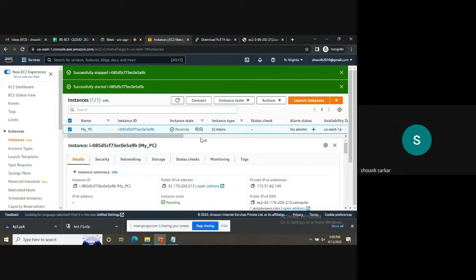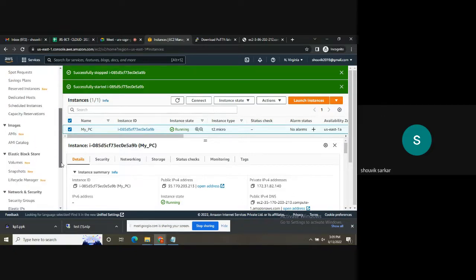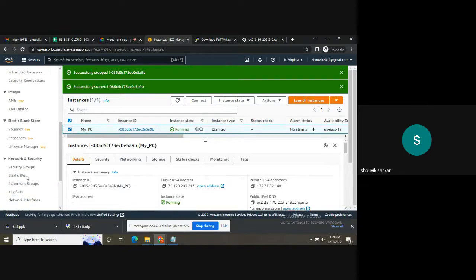If the IP address changes every time, that is also very problematic. We can't identify the proper IP address if it's lost every time. So what we need to do in that case, we need to go with another kind of IP address that is called elastic IP.